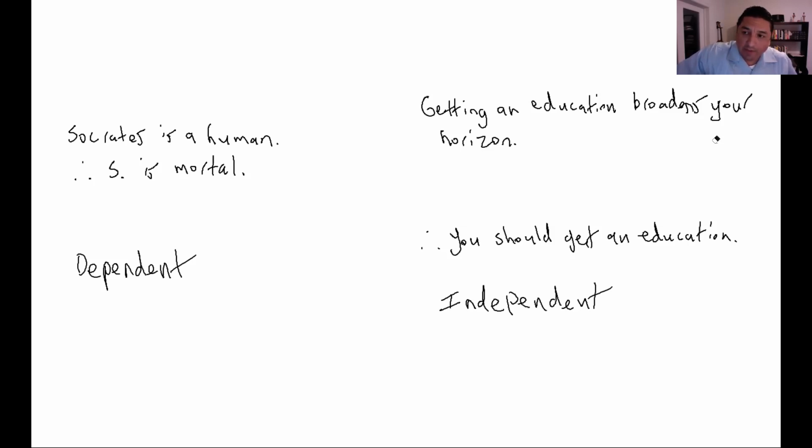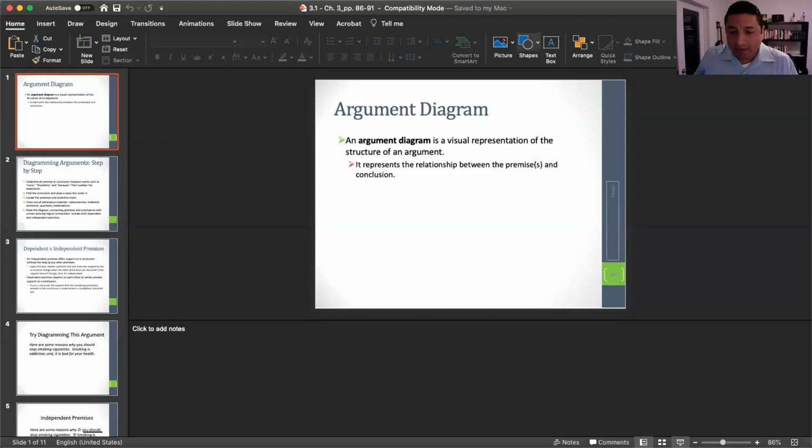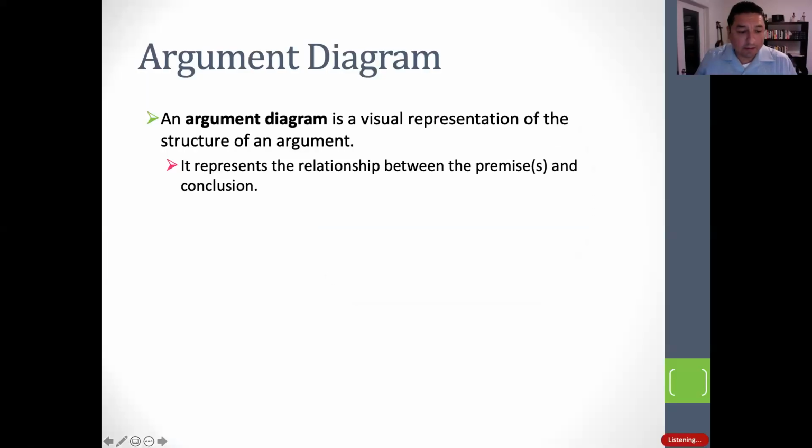We're going to be given the tools in this chapter to be able to see those different kinds of support, and to draw a diagram which captures that specific type of logical relationship. Okay, so then let's go into the PowerPoint, and an argument diagram is a visual representation of the structure of an argument.